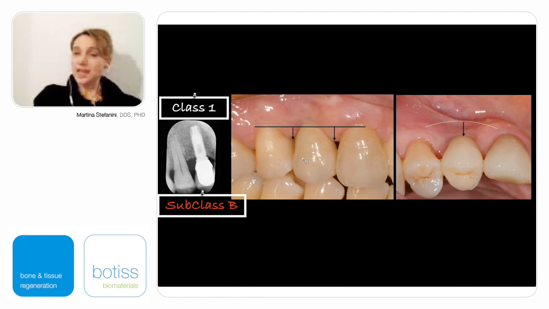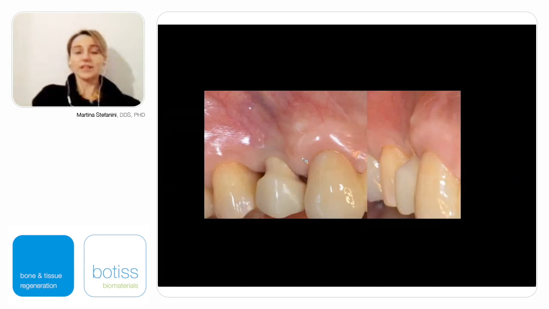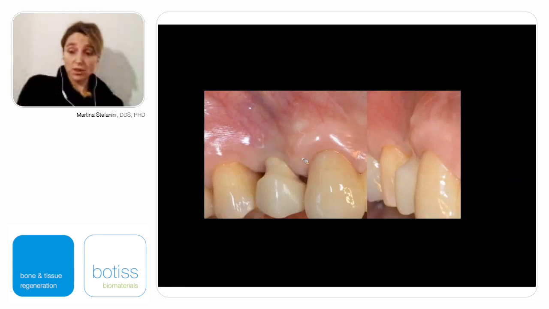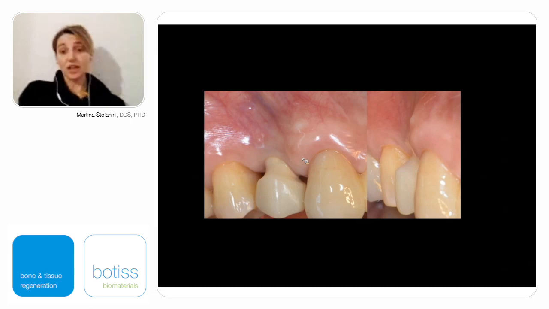But in this case, where you have a buccal lingual deficiency, you want to increase the soft tissue thickness in order to give a proper emergence profile of the crown, to prevent the risk of recurrence, and to avoid the risk of transparency of the underlying abutment.